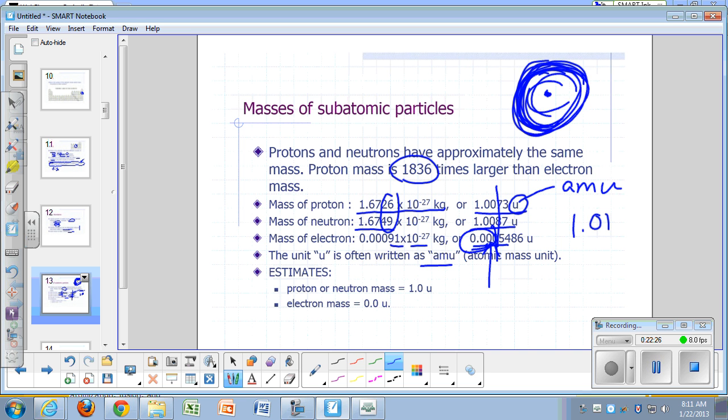So the mass of a proton, to one decimal place, is 1.0. Neutron mass is 1.0. And electron mass, to the nearest hundredth of an atomic mass unit, is 0.